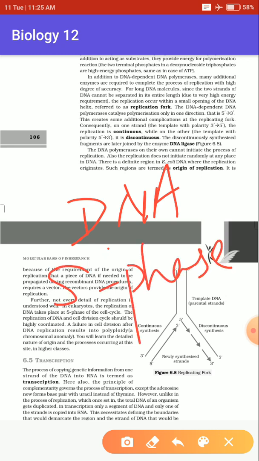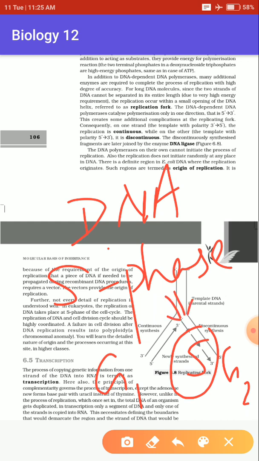We know that a cell has three main phases: G1 phase, S phase, G2 phase. If you don't remember it, just go through the previous classes' textbooks. S phase is the synthesis phase, where DNA is synthesized, and in this S phase, replication of the DNA takes place, and it takes place very accurately.